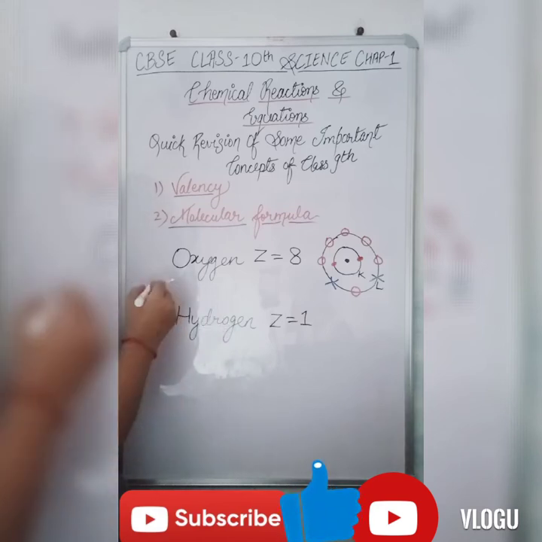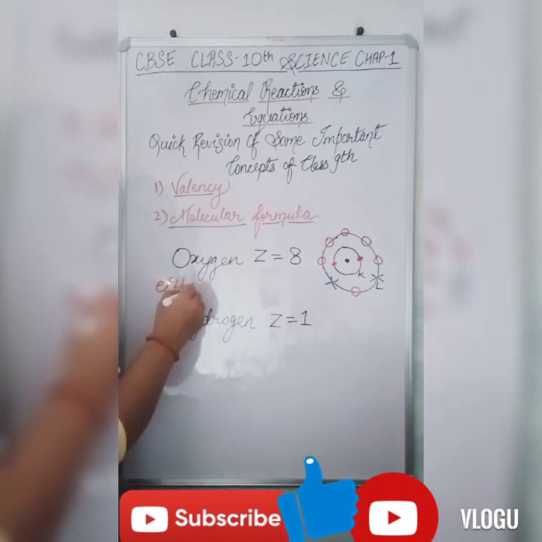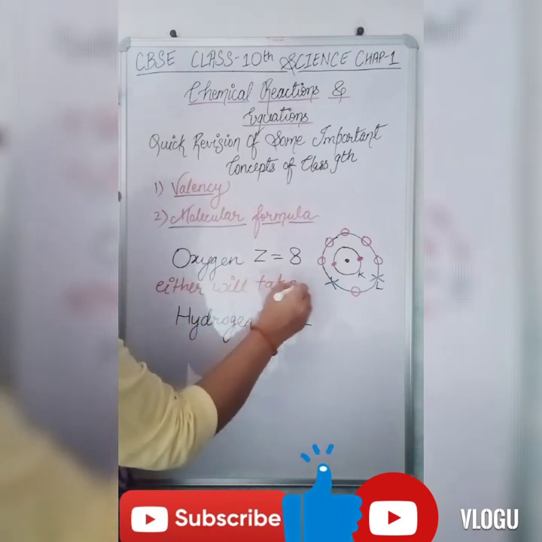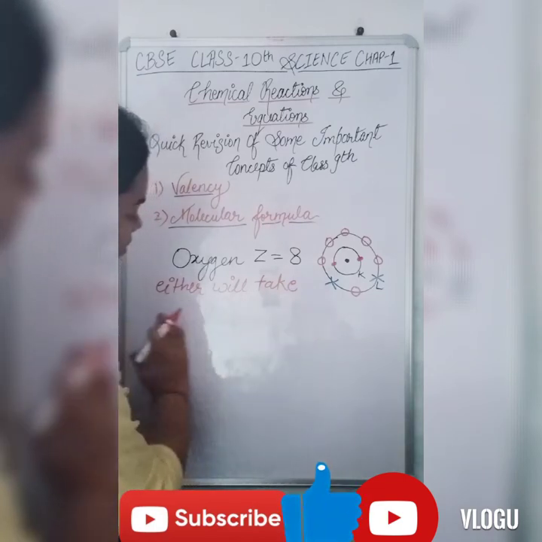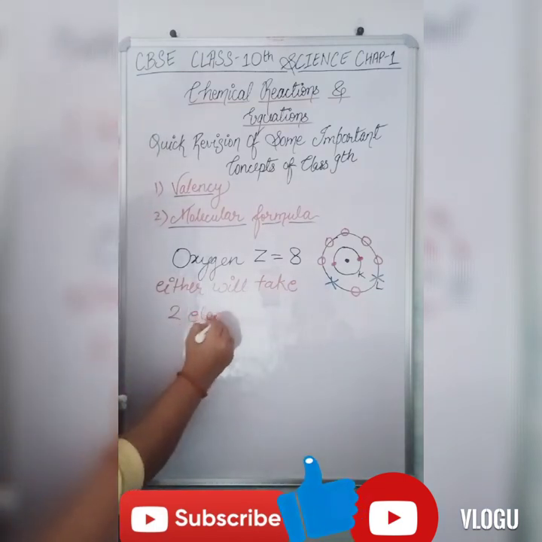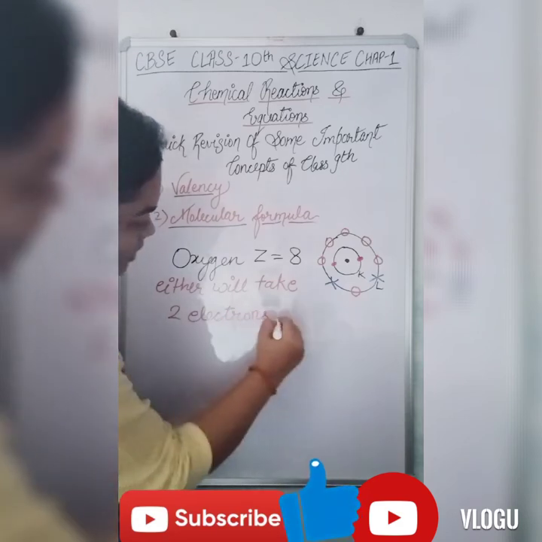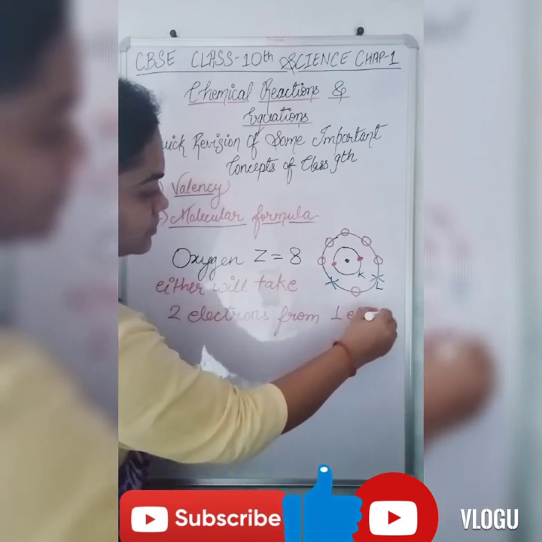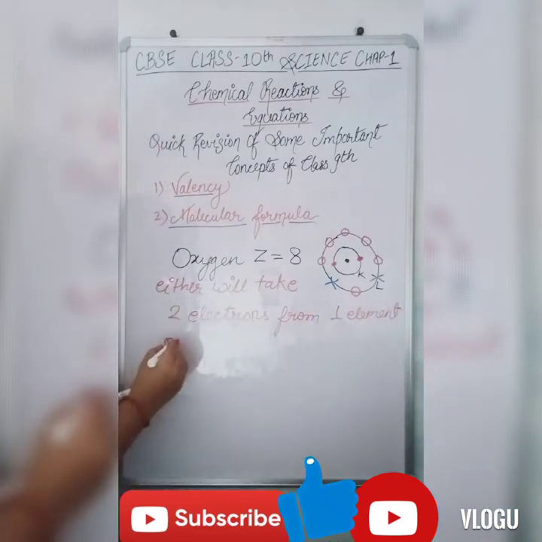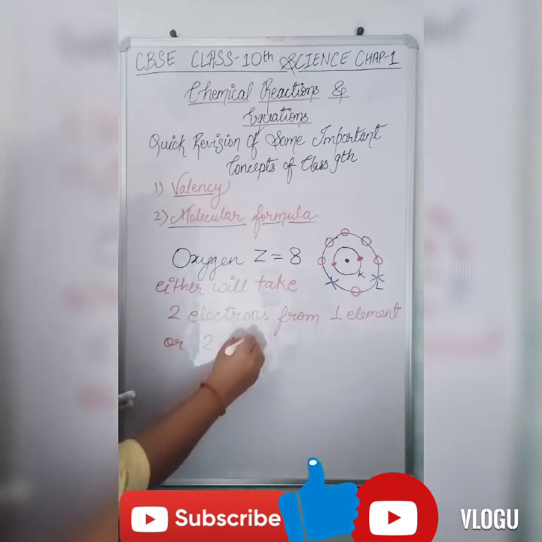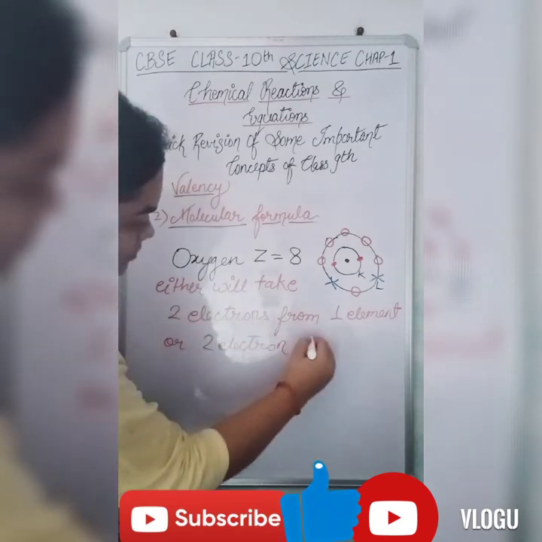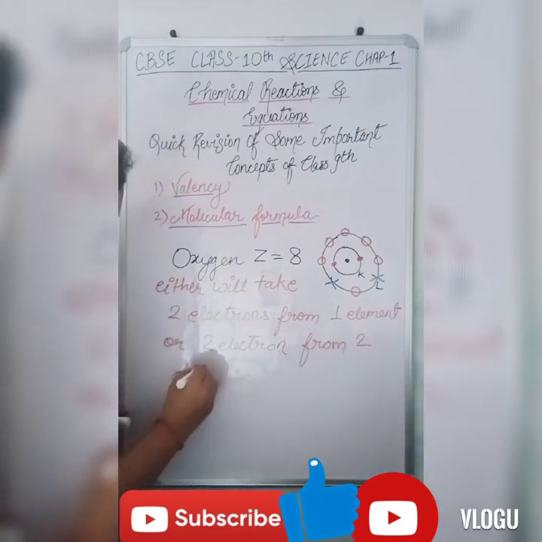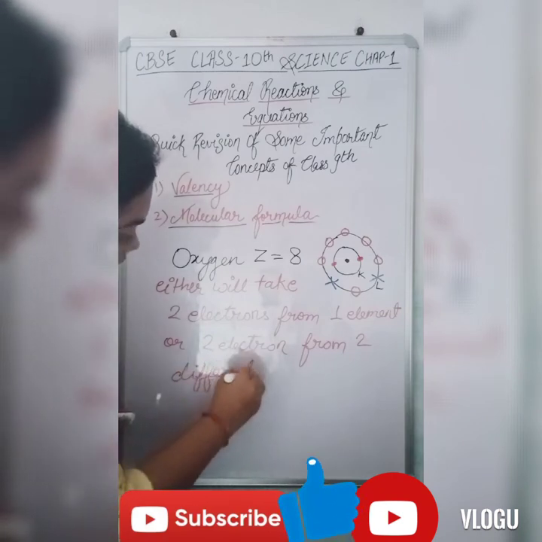Oxygen either will take 2 electrons from one element or 2 electrons from 2 different elements.